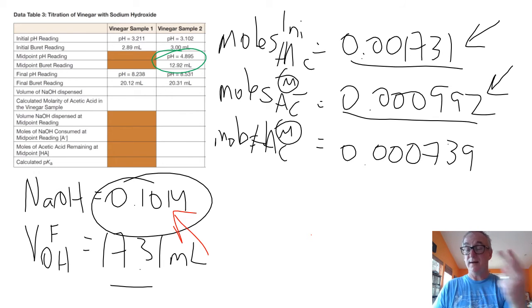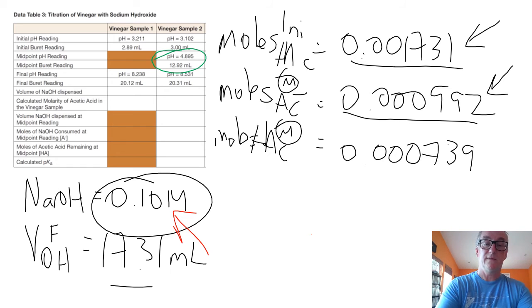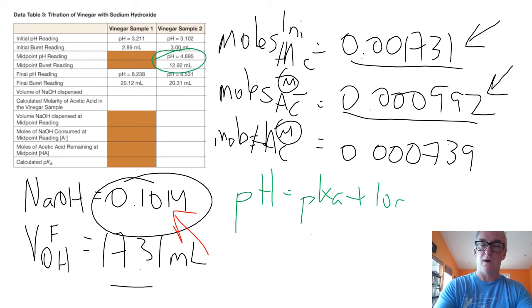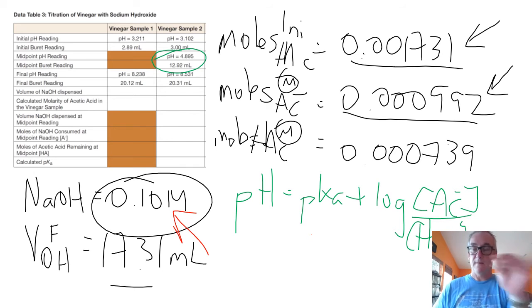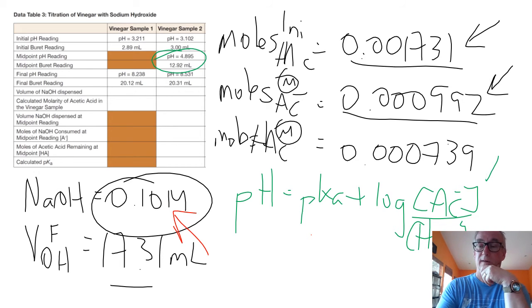Now, at this point, this is the equation we're dealing with, right? pH equals pKa plus log concentration of acetate over concentration of acetic acid.